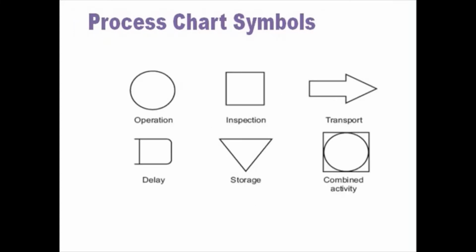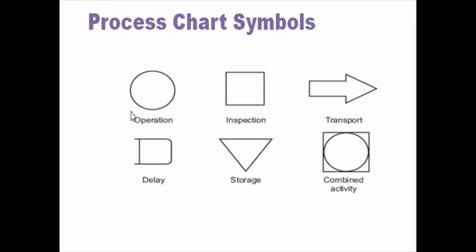The first one is the process chart, whereby different types of symbols, as shown here, are used for recording the facts about the job which is in process. These are some standard symbols which record the different activities performed during the operation or processing of the job. Out of these, the first one is the operation. It is represented by a large circle.